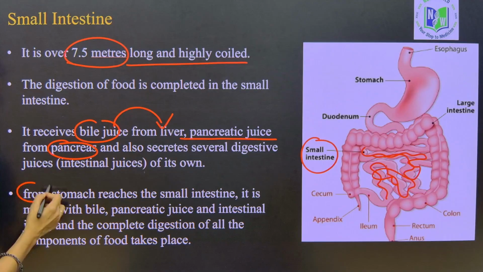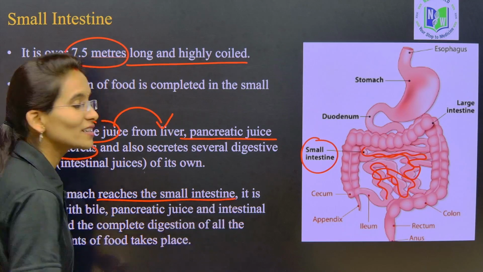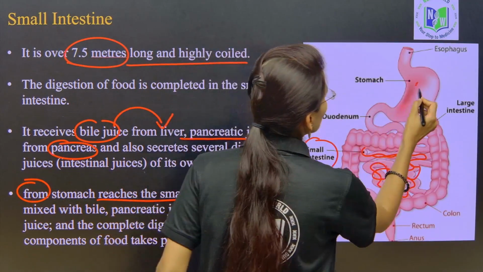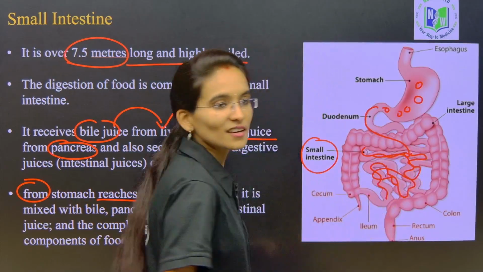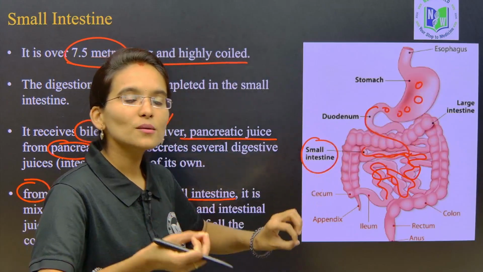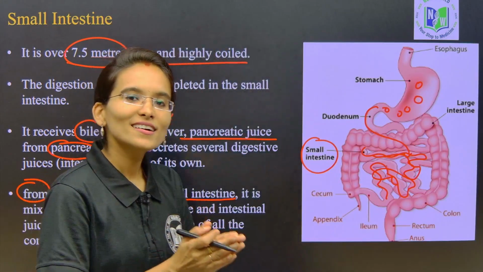From the stomach, the food reaches the small intestine. In the small intestine, the food is mixed with bile juice and pancreatic juice, and complete digestion takes place, right.